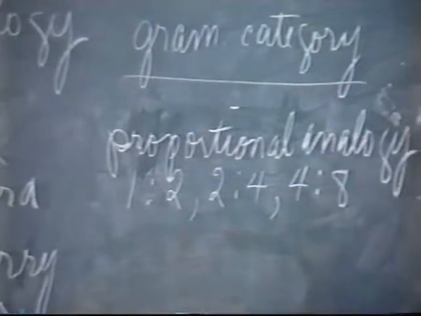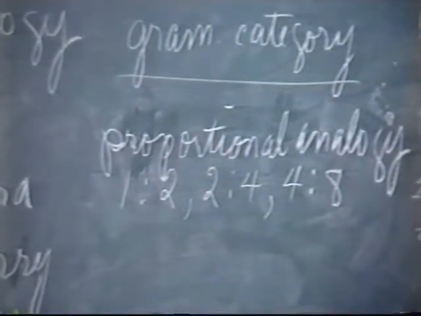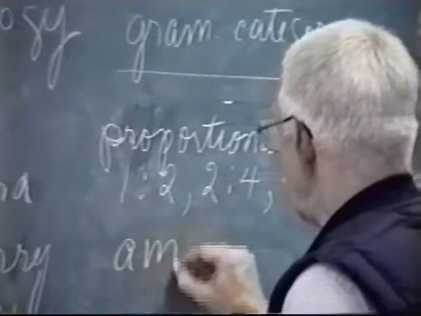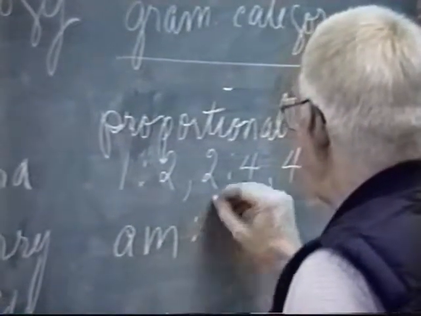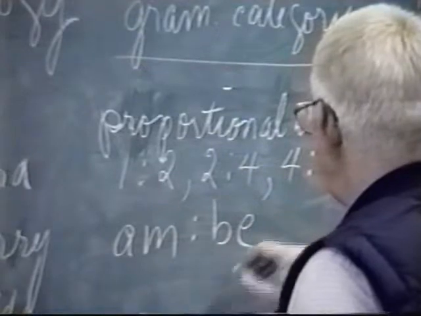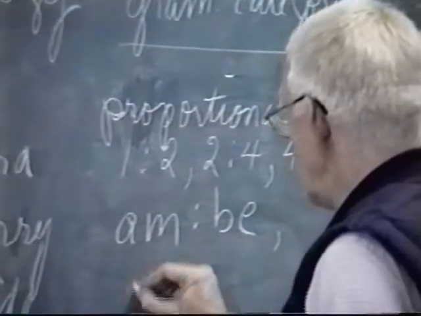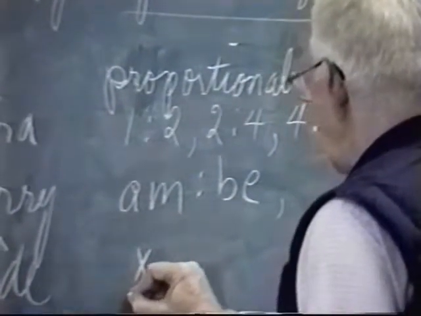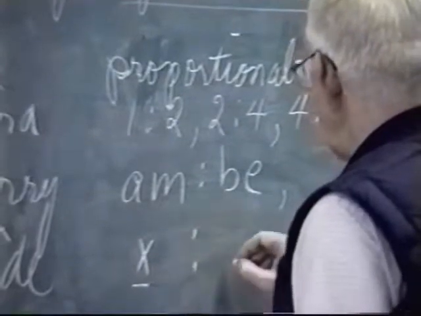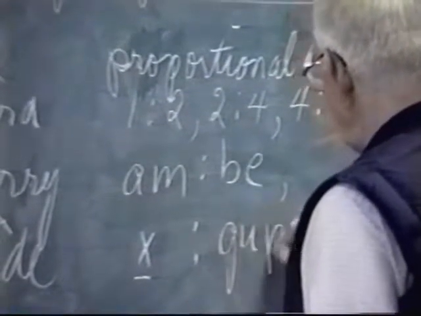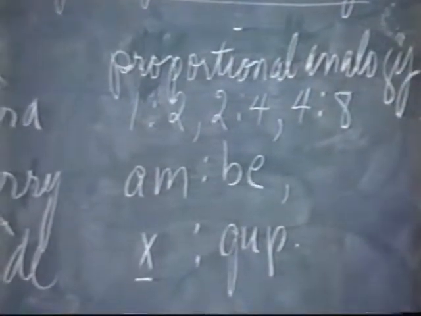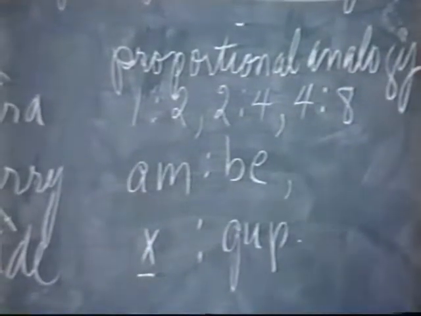Well, I'll put it like this. Am is to be, in English, as ch is to goop. They're in a relationship of suppletion.